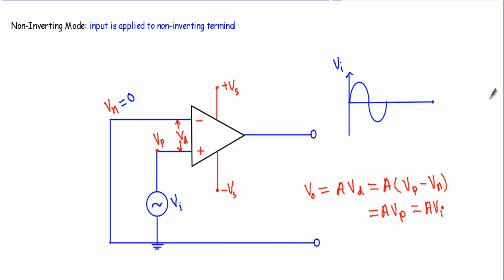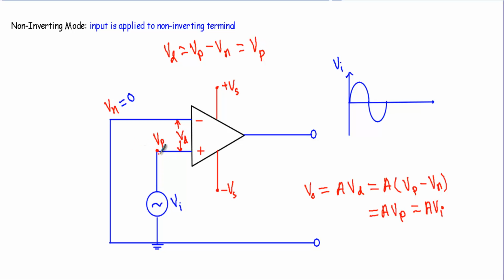Now consider the non-inverting mode. For non-inverting mode, we will apply our input voltage at the non-inverting terminal, and the inverting terminal will be directly grounded. If the voltage difference between the two terminals is Vd, then Vd will be equal to Vp minus Vn. Here Vn will be equal to 0, therefore Vd will be equal to Vp.